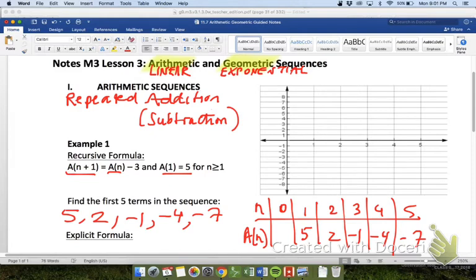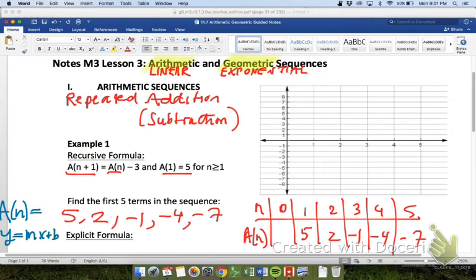So I'm going to make a connection to something we think about a lot with linear functions, which is the formula y equals mx plus b, because that's going to be our model for writing an explicit formula. The only difference is instead of y, we're going to be using a of n, which is function notation.